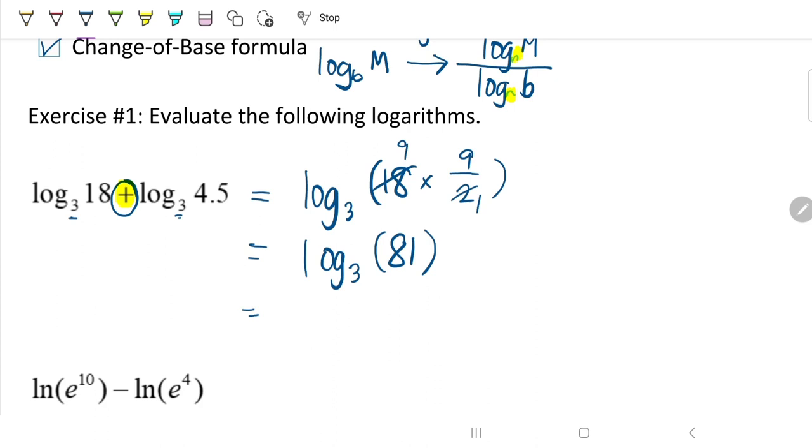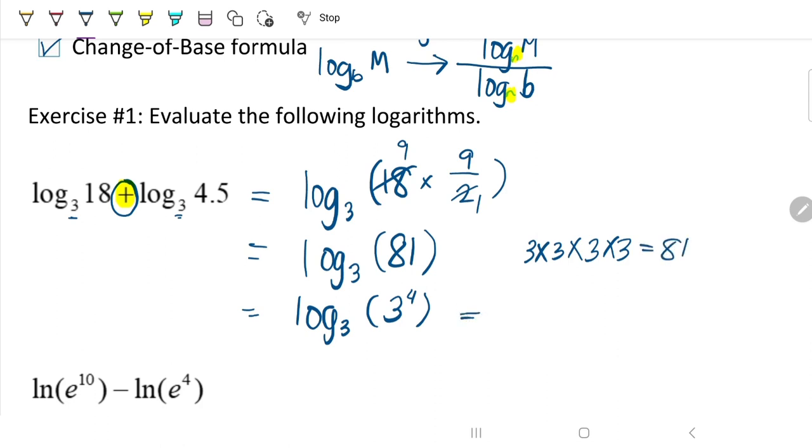So it's easy for us since 81 is 3 raised to 4. Okay? So 3 times 3 times 3 times 3, that is equal to 81.